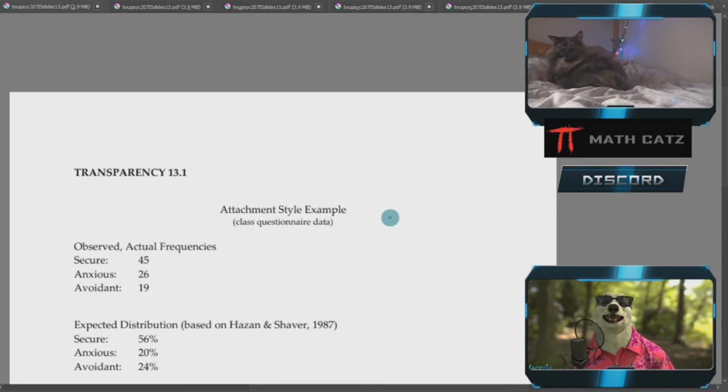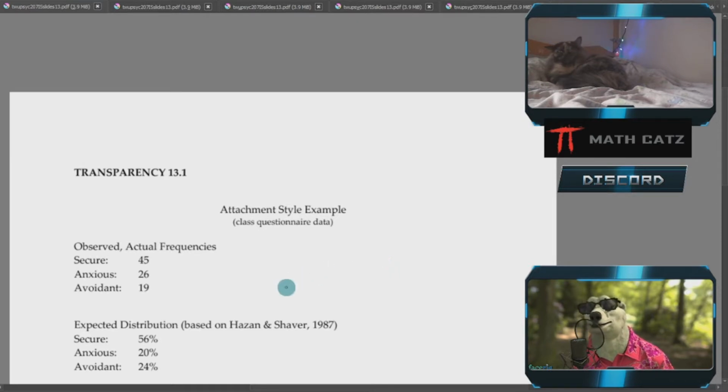The second one arguably being a little bit more important and more commonly used in research, but the first one's a little bit easier to understand, so we'll use that as a stepping stone to the other one. The first one is called the chi-squared goodness of fit test, where we are going to observe some frequencies, or we're going to get some observations, and from that get our frequencies.